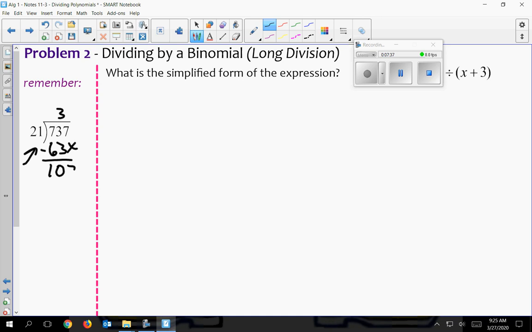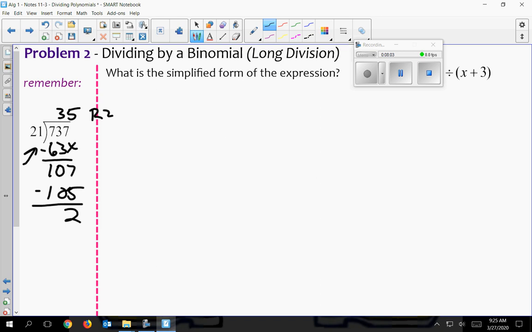I was taught to put a little x there. And then how many times does 21 go into 107? It goes in 5 times. So I get 105. Okay. Subtract it, I get 2. And at this point, when I was a kid, we did not have calculators, so we were supposed to write a remainder of 2.